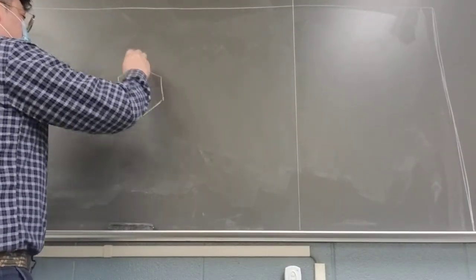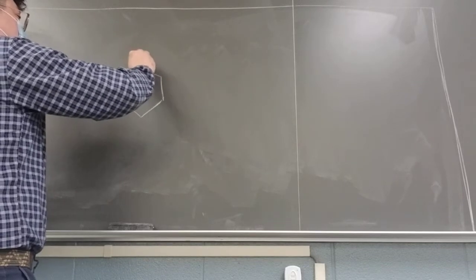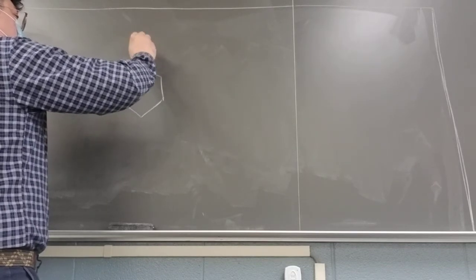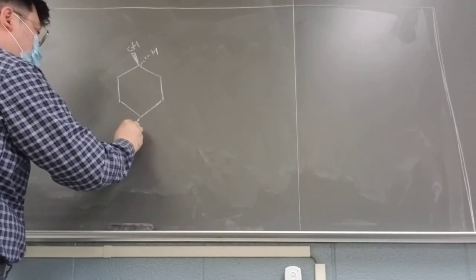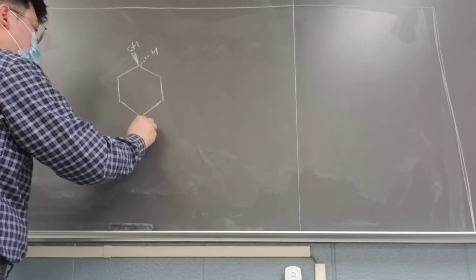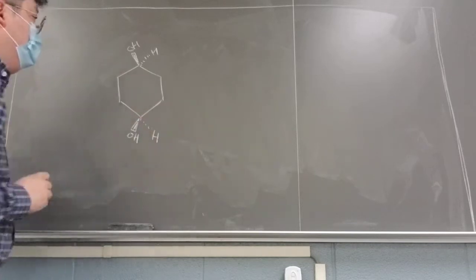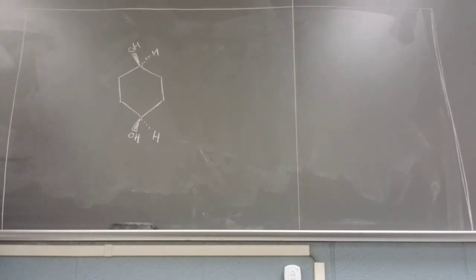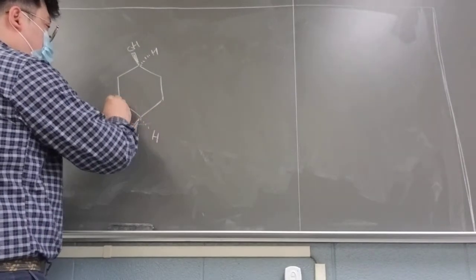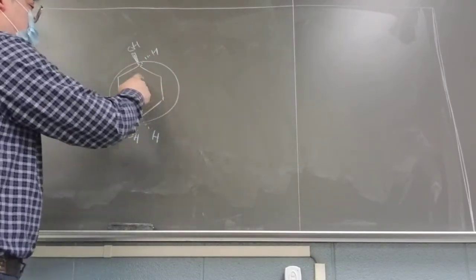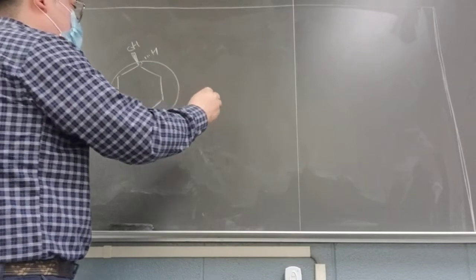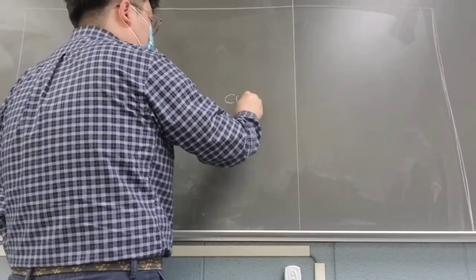All right. So if you have this one, try to find your base first, which is this one, right? So I'm going to write cyclohexane because you have 6 carbons in the ring structure.